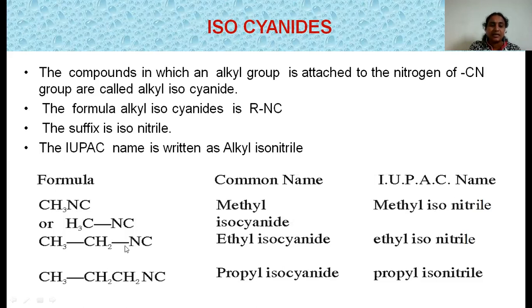Similarly, in this example, a total of two carbons are present in the substituent, so ethyl isocyanide, and the IUPAC name is ethyl isonitrile. Here a total of three carbons are present, so the common name of this compound is propyl isocyanide, whereas the IUPAC nomenclature is propyl isonitrile.